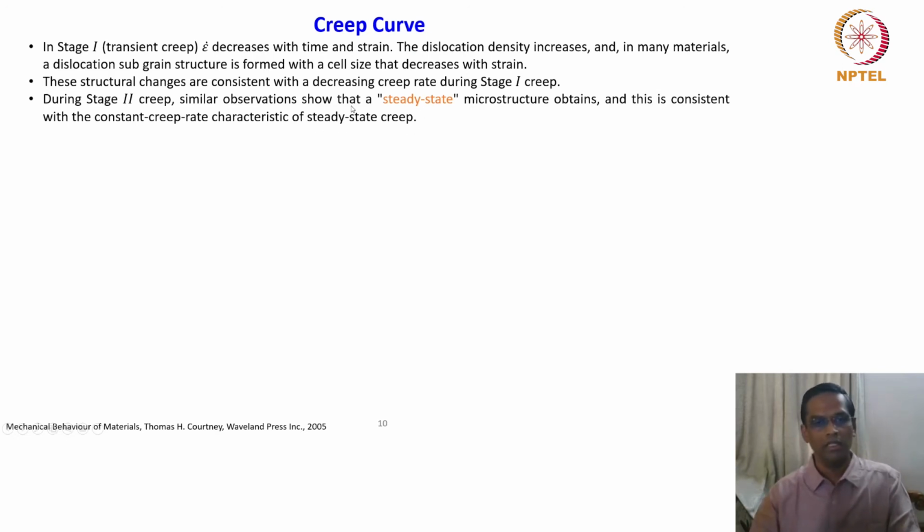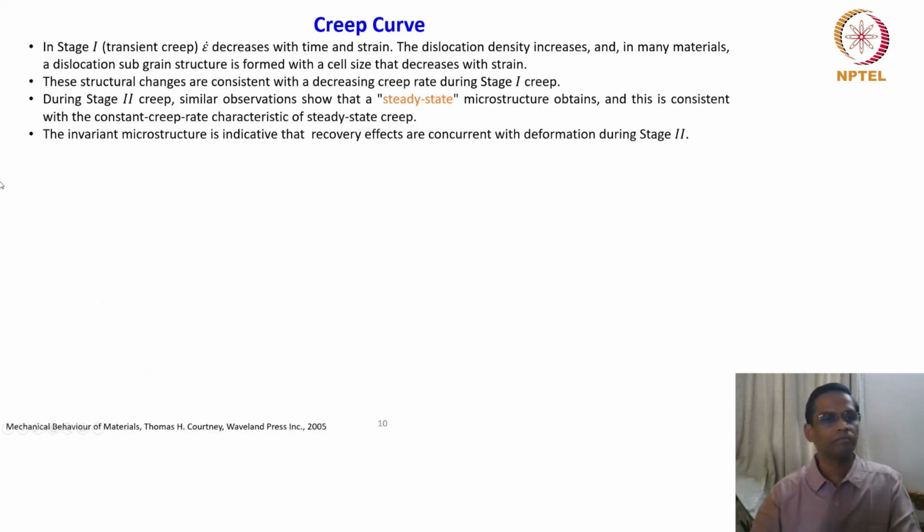So stage 2 has constant creep rate characteristics, and it should also have a typical microstructure, right? What is the typical microstructure? The invariant microstructure is indicative that the recovery effects are concurrent with the deformation during stage 2. I just mentioned in the beginning that any material which shows a steady state deformation behavior like this could have two competing events that take place.